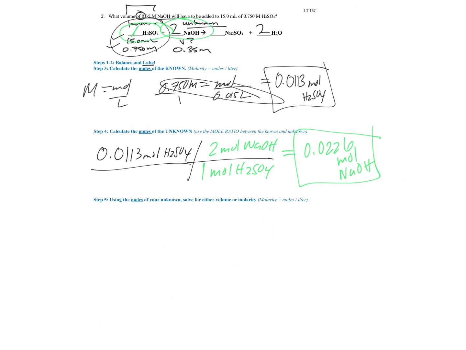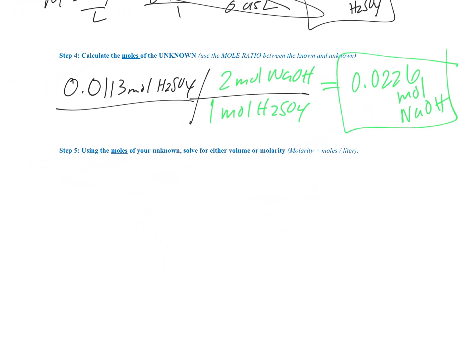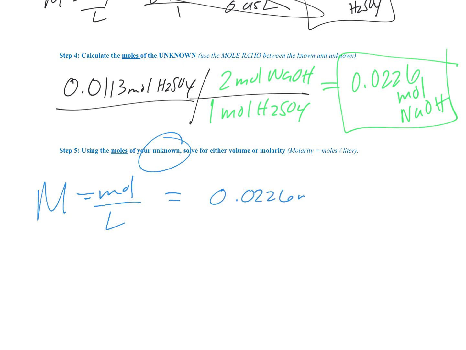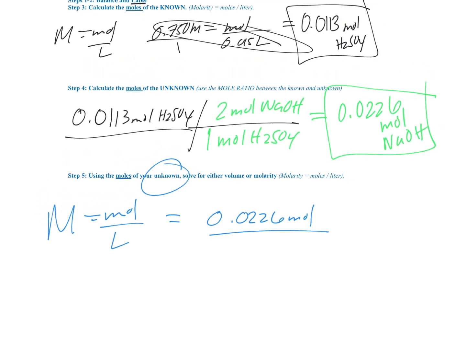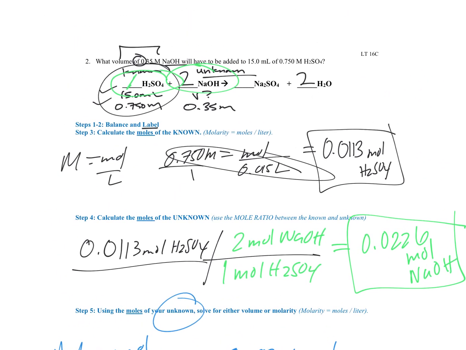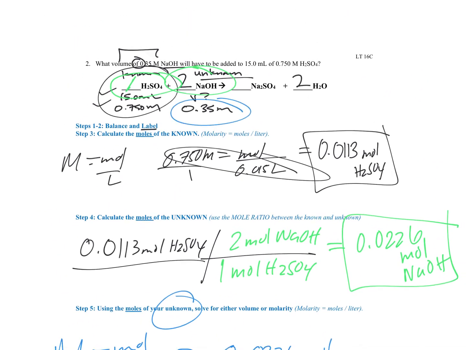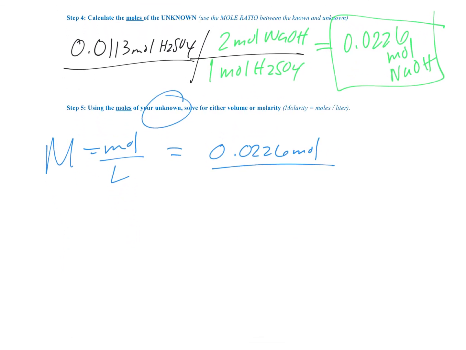And so now that we have the moles of our unknown, we can go back into the molarity formula, this time subbing in everything for our unknown. So we know the moles of our unknown is 0.0226. And then I'm going to look back to my notes. Our unknown, we have the molarity this time, and we're looking for the volume. So we know the big M, the left side, is 0.35 molar. And we're looking for that volume.